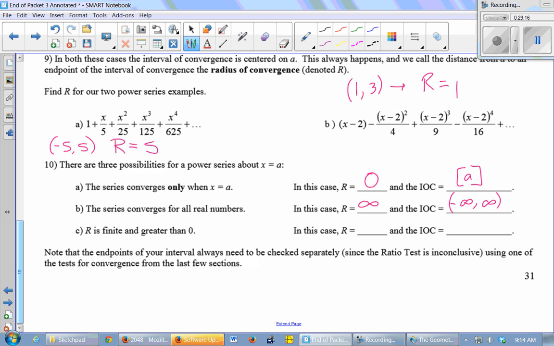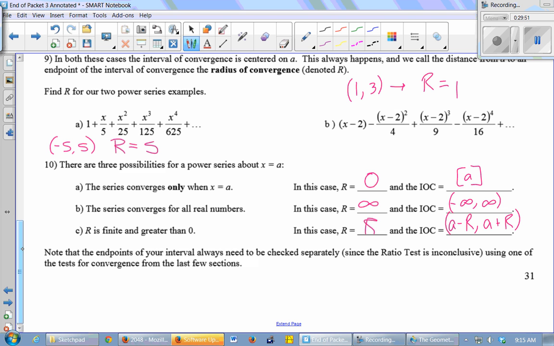The radius of convergence is some number R, and the interval of convergence is going to be a minus R to a plus R. So you start at the center a, go left R and go right R, and you get your interval of convergence.